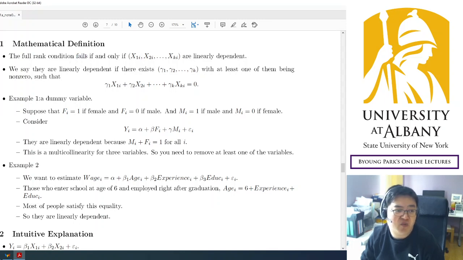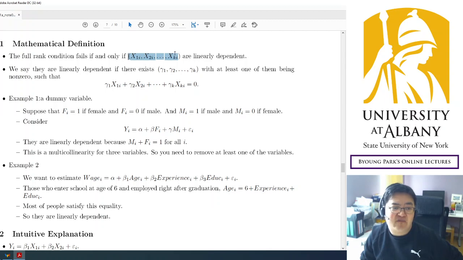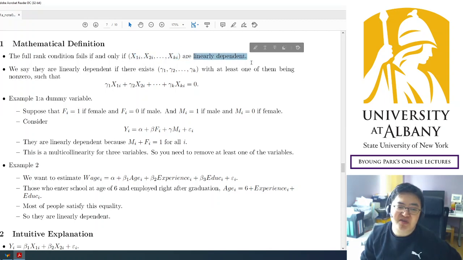The full rank condition fails, and I'm defining the condition by its failing case, if and only if the variables are linearly dependent. Then what is linear dependence? The full rank condition holds whenever they are not linearly dependent.